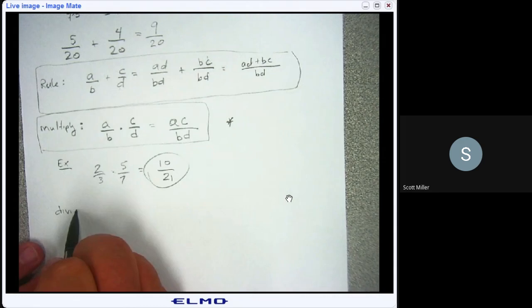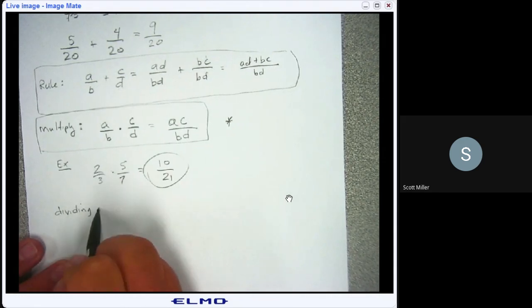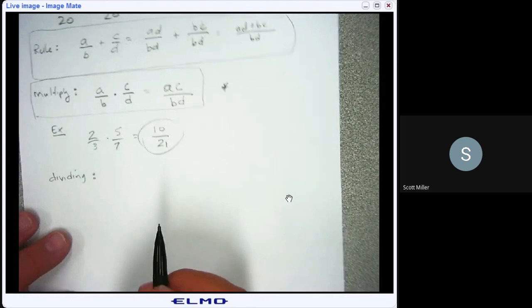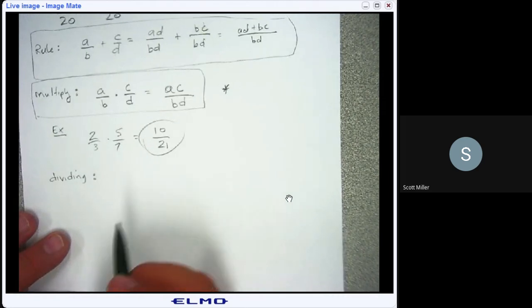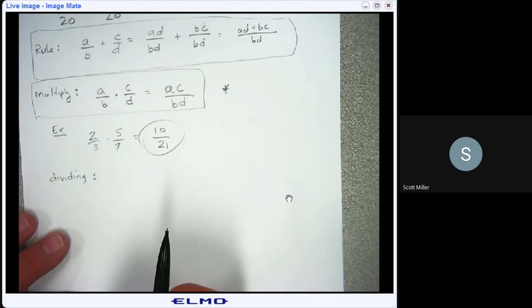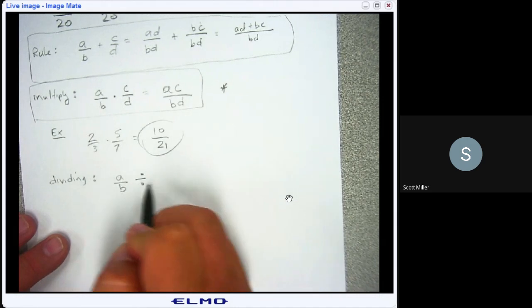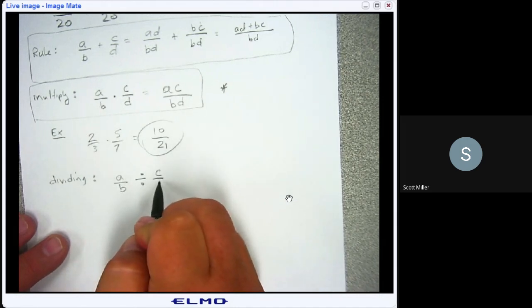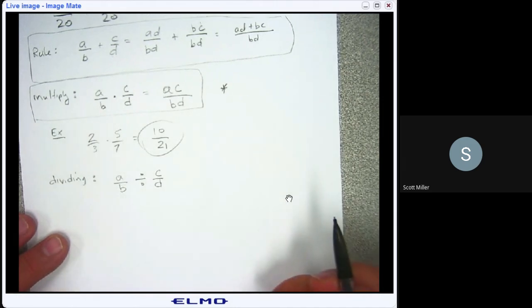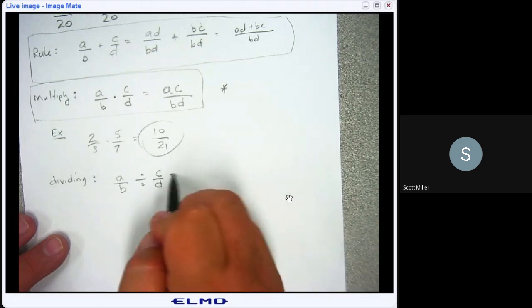For dividing, a little bit more is involved because we don't really divide so much by fractions, but we change it to a multiplication problem. So if I have a fraction divided by another fraction, you need to change it.